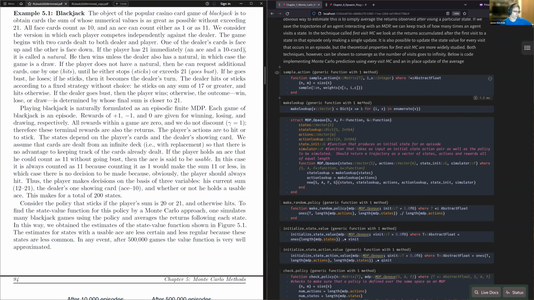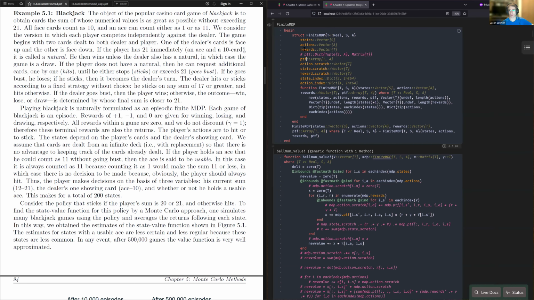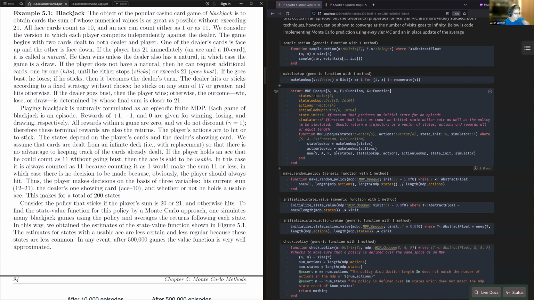Now in this section, instead of that, I still have the state space and the action space. Another difference is that I also had all the rewards known ahead of time, and here we don't actually need to know the rewards ahead of time because it's replaced by some kind of simulator. The simulator is some function, and you have to initialize it with a state-action pair, the way I wrote it.